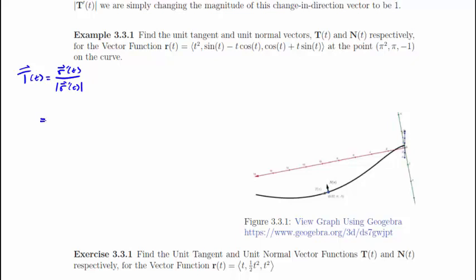So r prime of t is 2t, comma, cosine of t minus, I need a product rule here, derivative of the first is 1 times cosine of t.